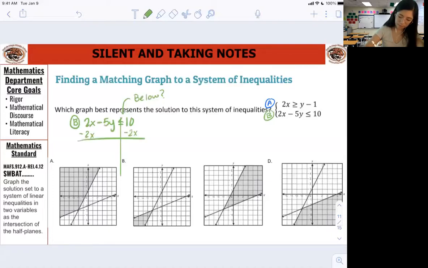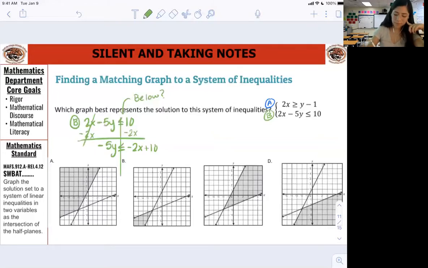Doesn't it flip because you divide by a negative or something like that? Yeah, something like that. Let's see what happens. So right now I have negative 5y is less than or equal to, and how should I write this when I write it in the correct order? Negative 2x plus 10. Good, negative 2x plus 10. Well, what should I do in this step?